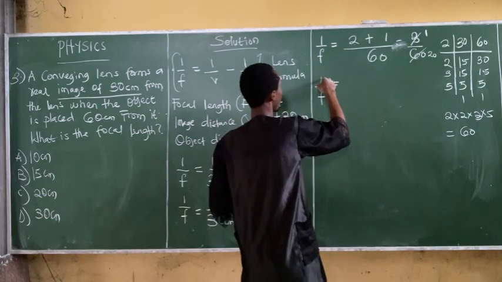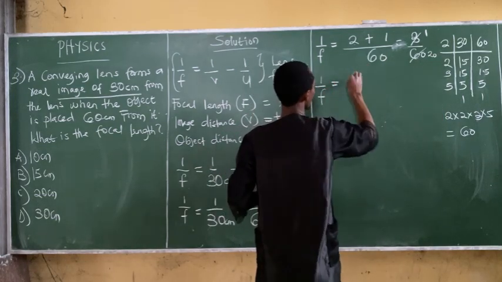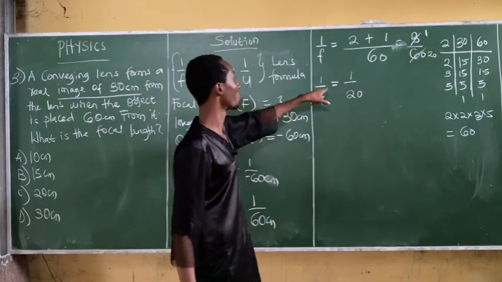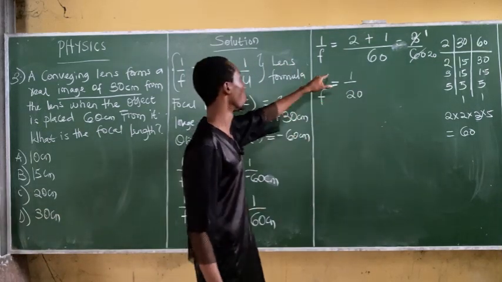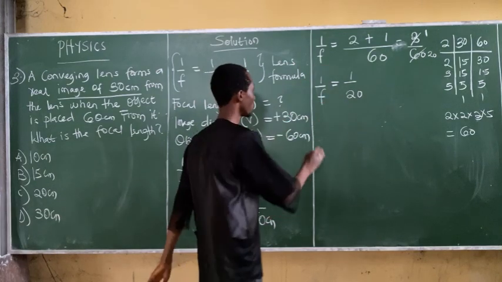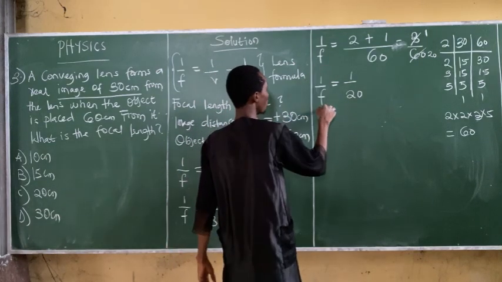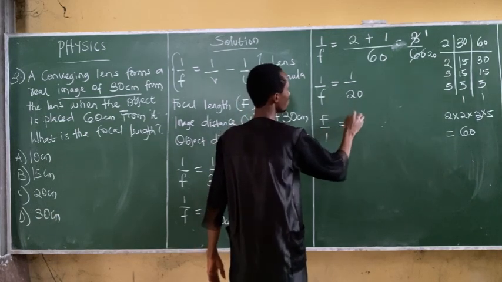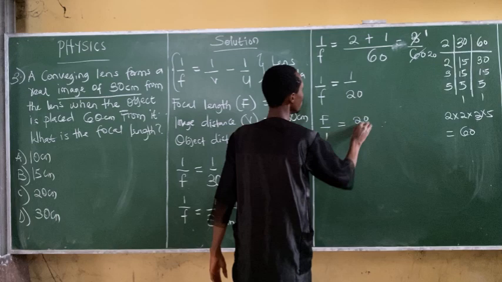So, 1 over f is the same thing as 1 over 20. Now, we are looking for focal length and not 1 over the focal length. So, we take the inverse: this comes up, this comes down. We have f over 1 is equal to 20 over 1.